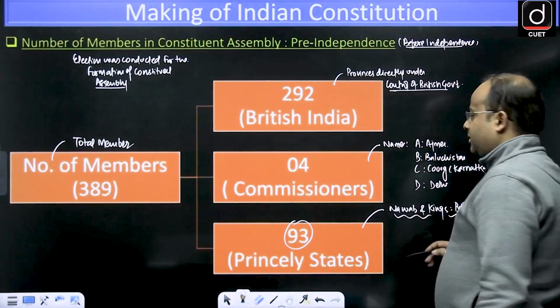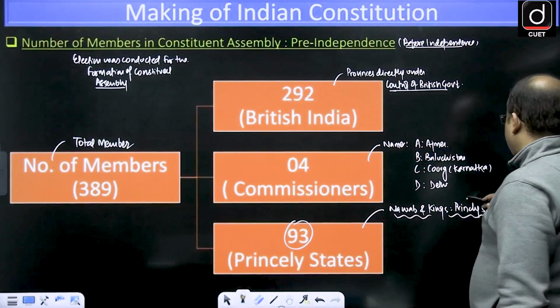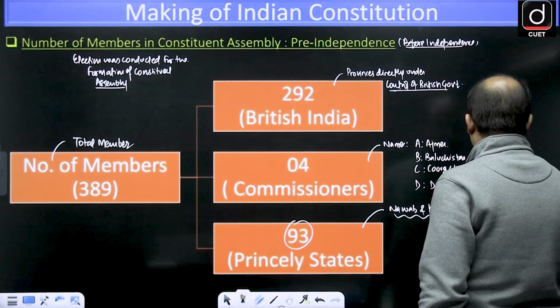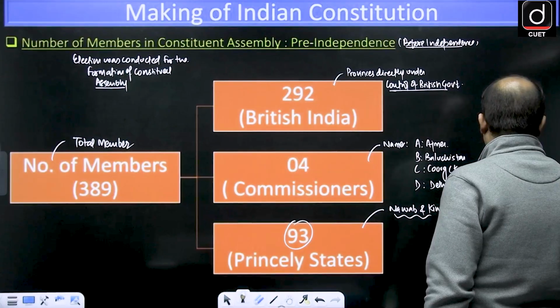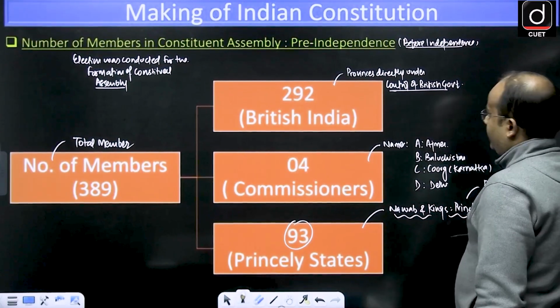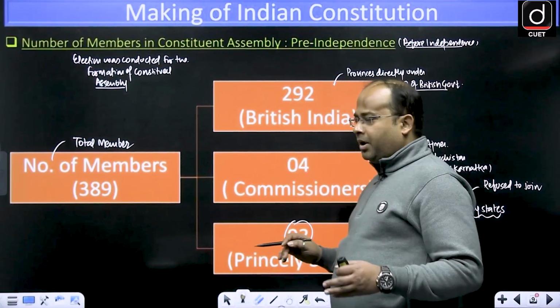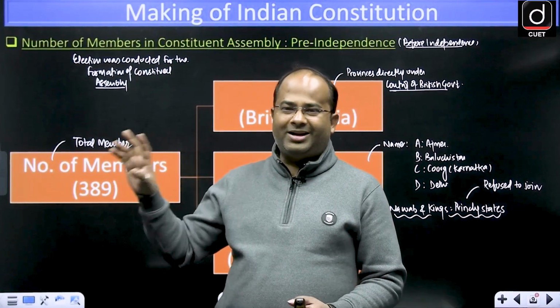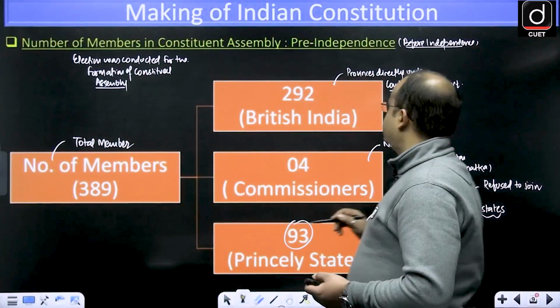Now guys, these members of the princely states refused to join the Constituent Assembly. Why did they refuse? The princely states said that they were happy with their monarchical system and did not need democracy.